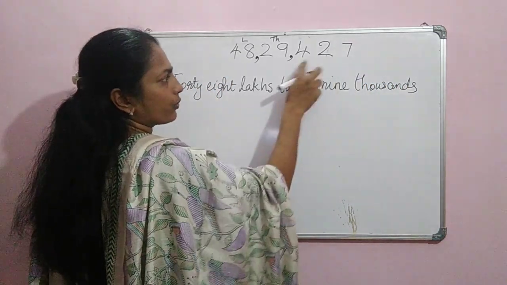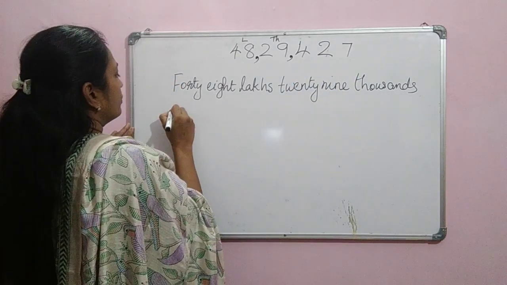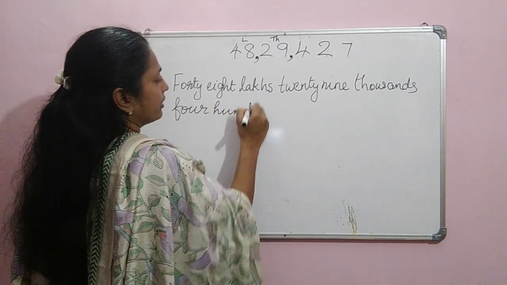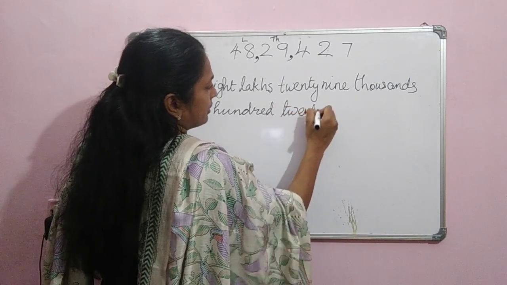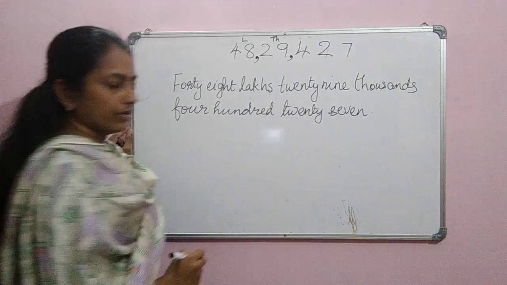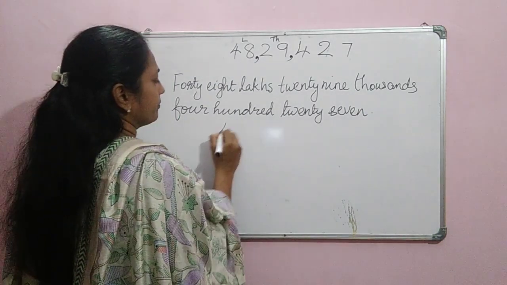The remaining 427 comes in ones group. So 427. Now let's see the same number in international system.